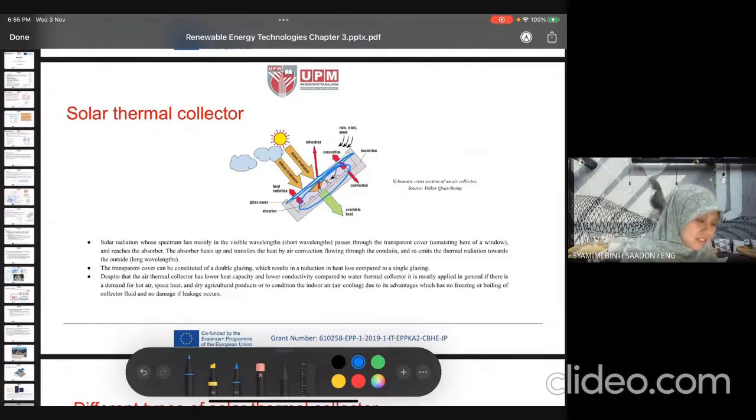There is air inside here, or sometimes they use other types of fluid if the fluid has a higher conductivity, for example nano fluid. But the general, conventional one is air. So there is air inside the collector, and the heat from the solar radiation will cause heat.